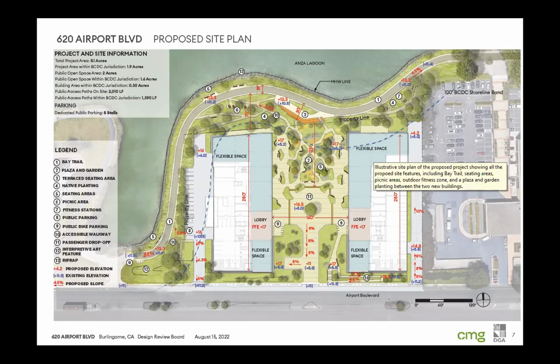The first question that staff has asked us to consider is, does this proposal result in public spaces that really feel public, and does the project proposal allow for the shoreline to be enjoyed by the greatest number of people? Second question, what additional improvements would improve the public access experience to and along the shoreline? And the third question, what advice or criteria does the board recommend for the interpretive art feature?